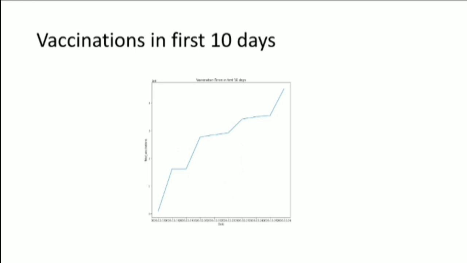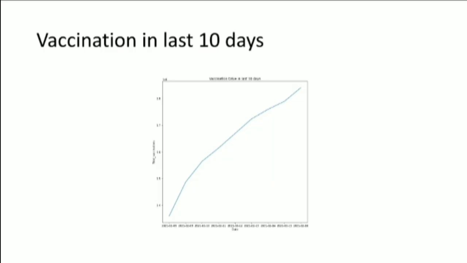It started off on 13 January 2020, and this is the statistics for the first 10 days. In the last 10 days, however, the graph has increased, showing a better trend. It's overall an increasing graph yet again, and many countries are now actively participating.